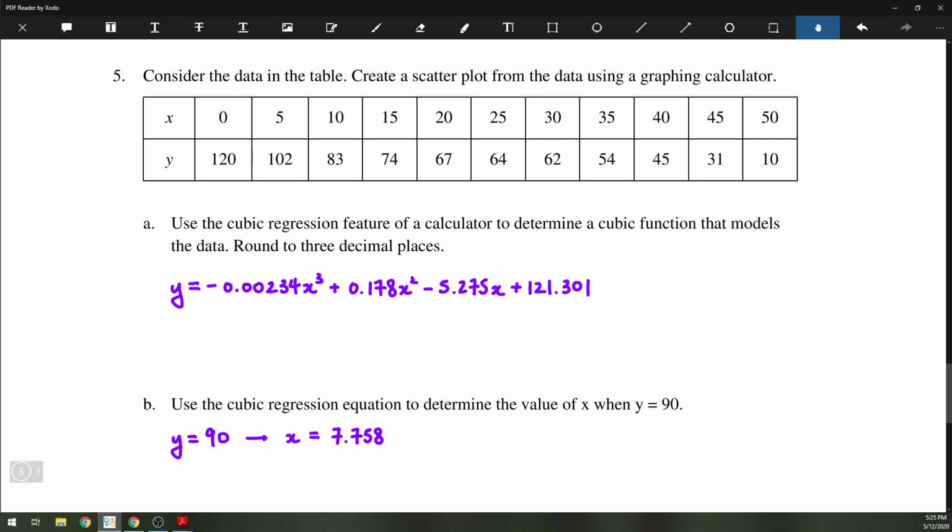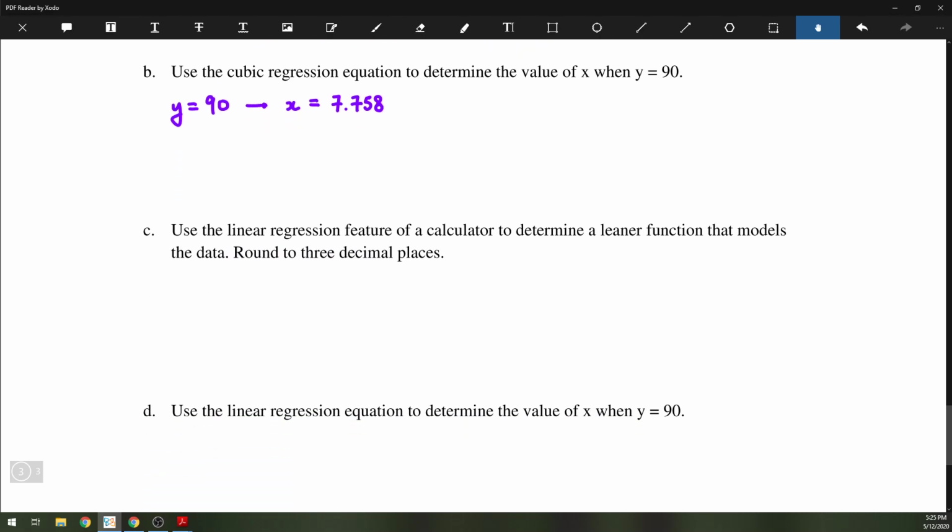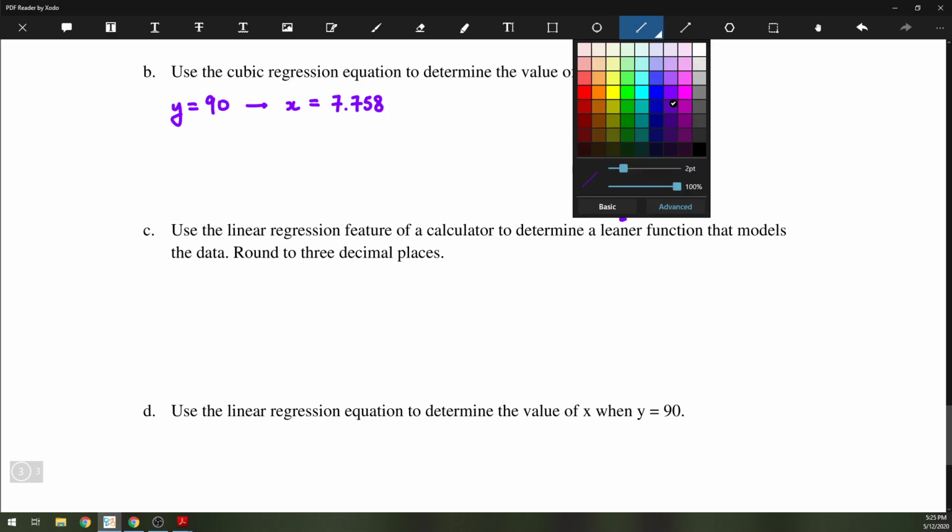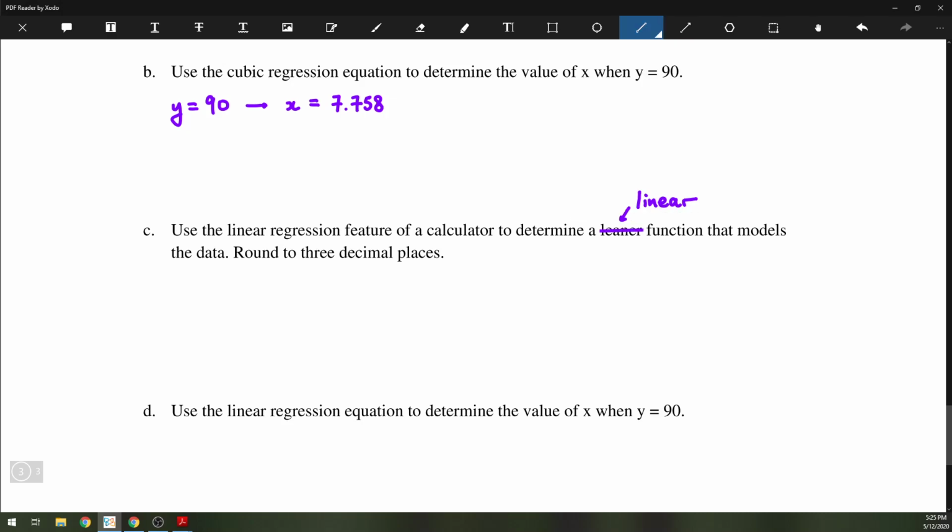All right, so next up, we are going to use a linear regression instead. So similar to what we just did, but linear regression to determine the linear model, sorry, that models the data, so very similar.